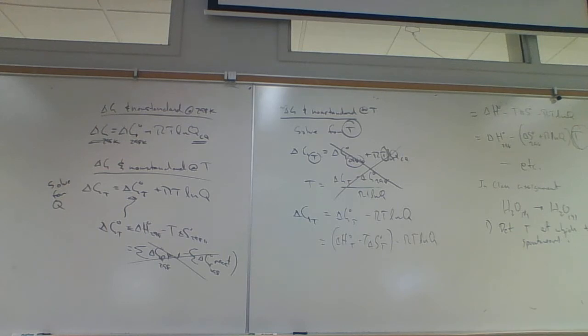And so what you're going to do, you're going to tell me under what conditions this will go spontaneous. In other words, what I'm asking you here is, how can you make water boil at room temperature? Is it possible to make water boil at room temperature? Yes, it's possible to make water boil at room temperature. Use thermodynamics to tell me how.